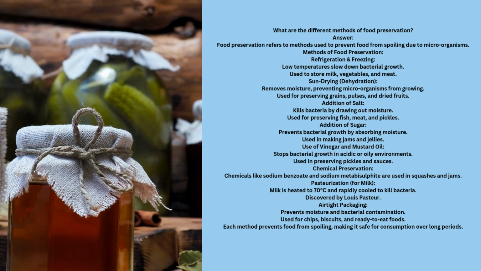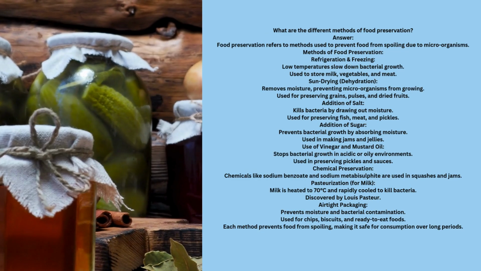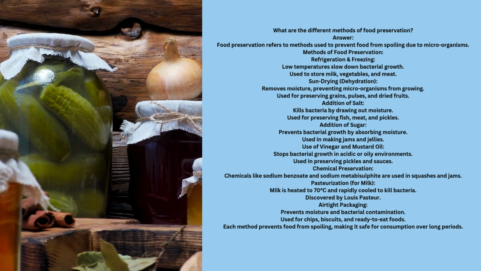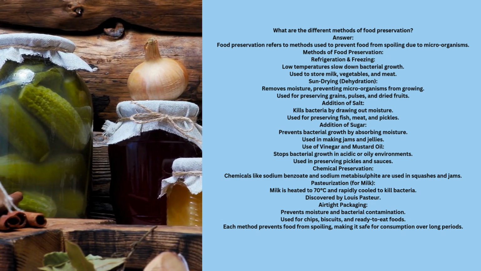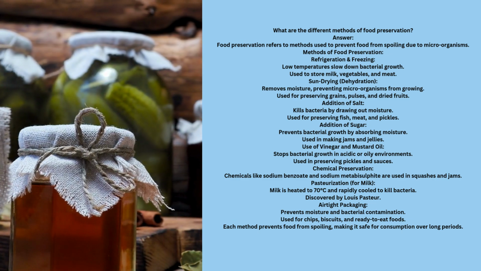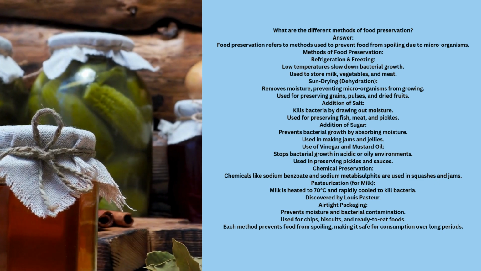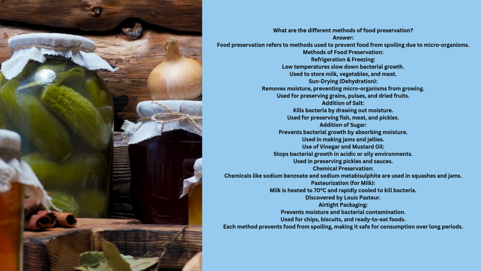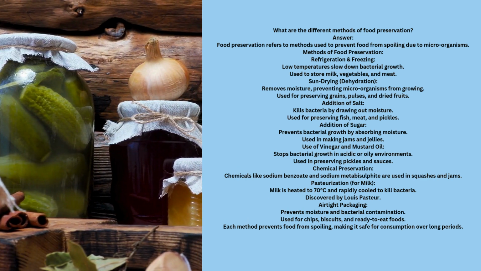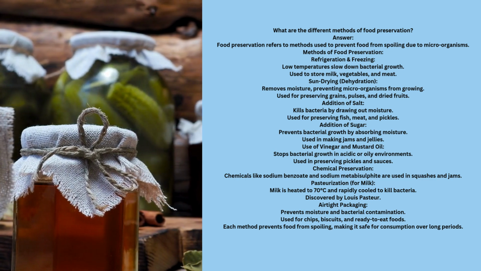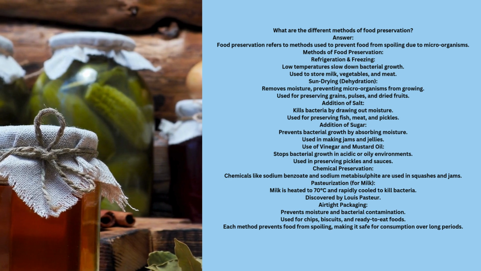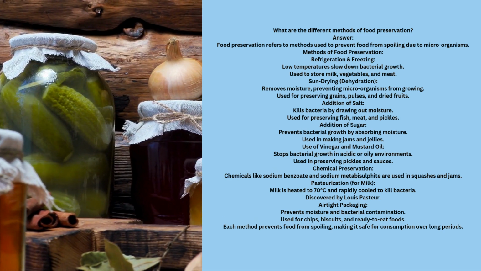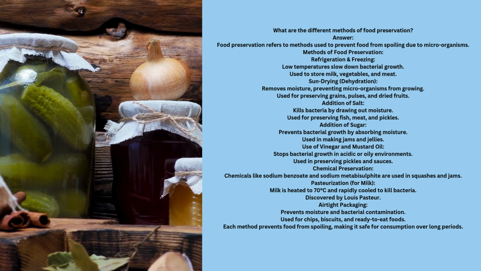Food preservation includes more methods where we can prevent food from spoiling due to the action of microorganisms. That can be refrigeration, freezing, or sun drying, which can remove the moisture. Then addition of salt, which can kill the bacteria; addition of sugar, which prevents bacterial growth by absorbing moisture; or chemical preservation, used in preserving pickles and sauce also.